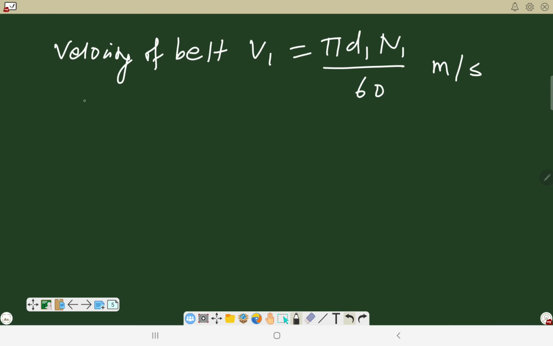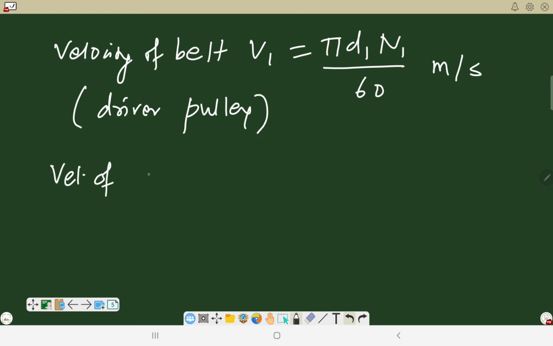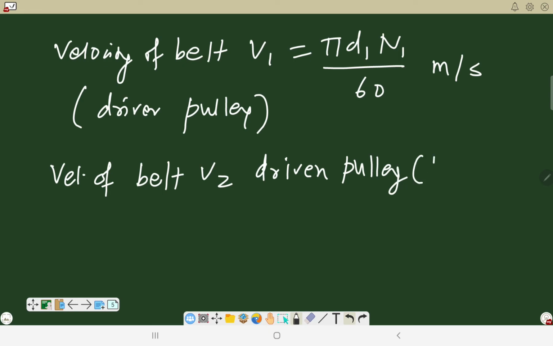In the same fashion, we can calculate velocity of belt V2 for the driven pulley, or follower pulley.